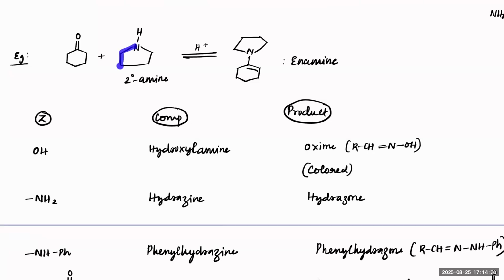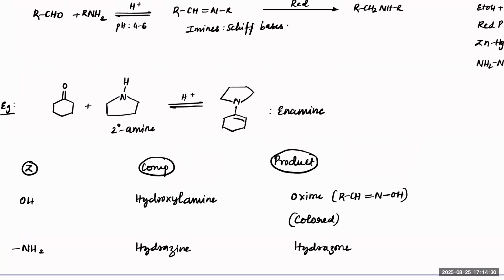In case you have a secondary amine, then instead of removing H2O from two hydrogens here and one oxygen here, the easier way is to think this way. For that ketone, I will write the enol form. This is the enol form. And then for this amine, I will write it this way. This is the secondary amine.